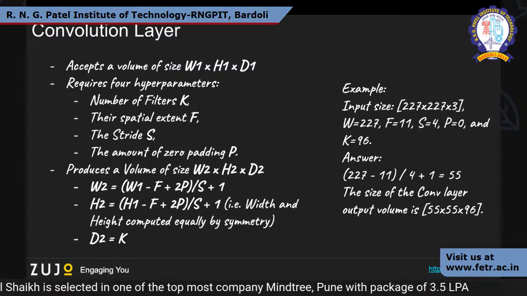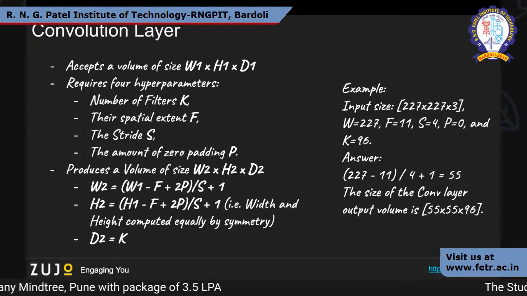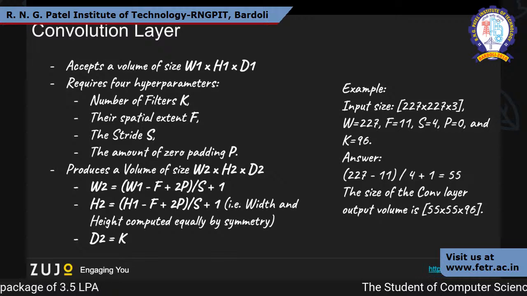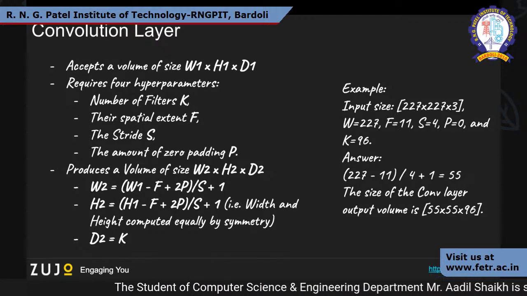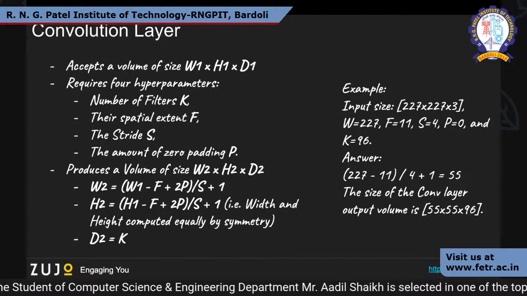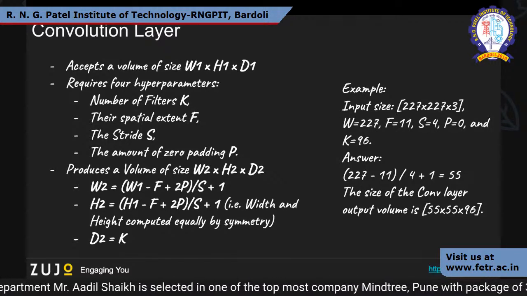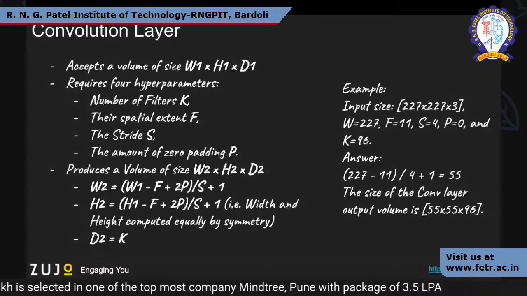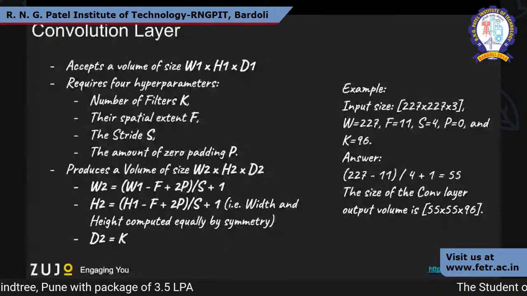So the formula of W2 is equal to W1 minus F, which is spatial extent, plus 2P. 2P does mean that whatever padding we are giving has been added into the image, and then divided by stride plus 1. H2 has the same formula.